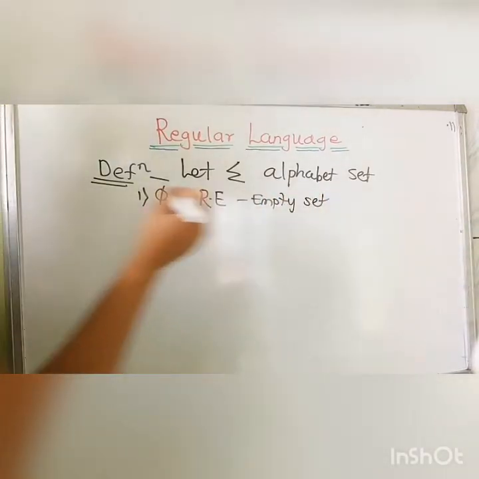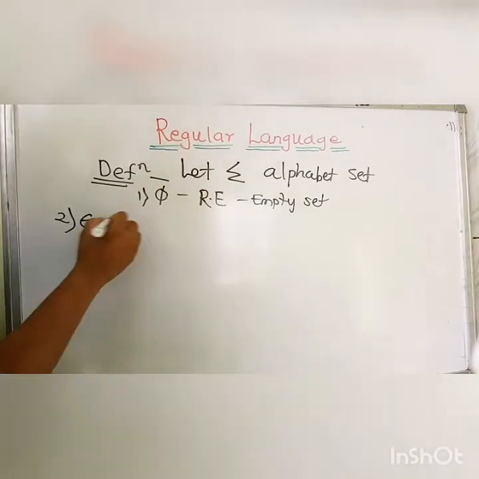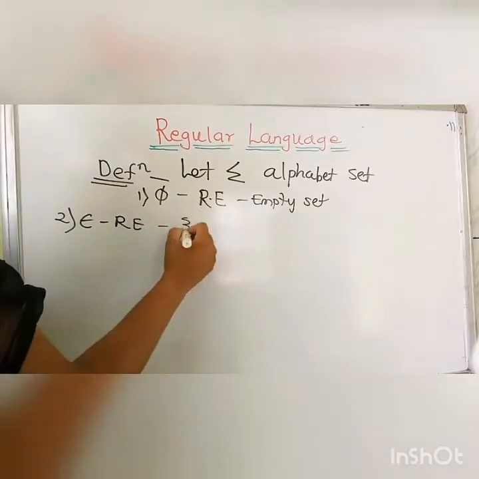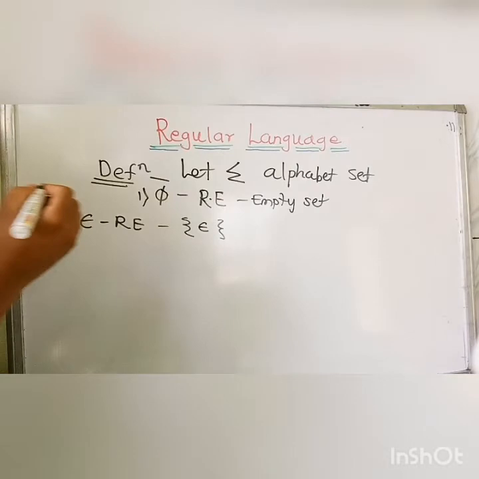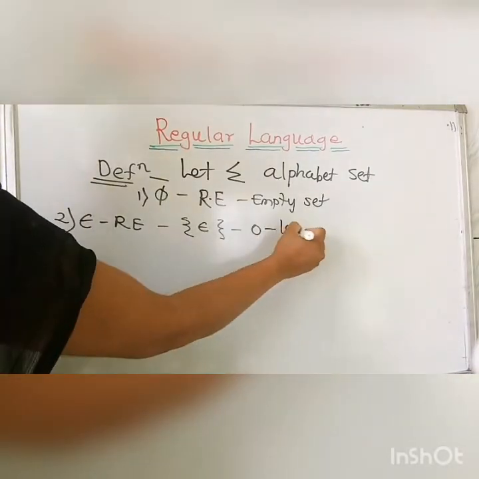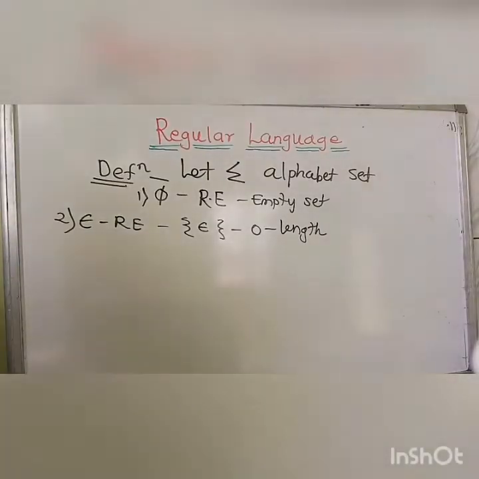Second is the epsilon, which is also a regular expression. It denotes the curly bracket with the empty string, and the length of this empty string is 0.